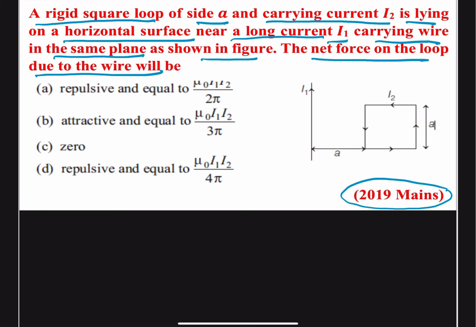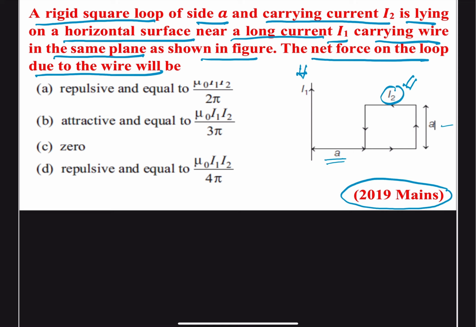First wire is carrying a current I1, and the other is a wire in the form of a loop carrying a current I2. The loop is a square, so each side is A, and the closest side of this loop is also at a distance of A from the long current carrying conductor.